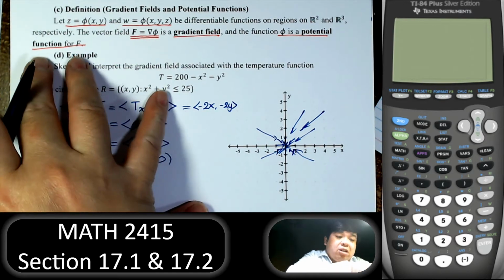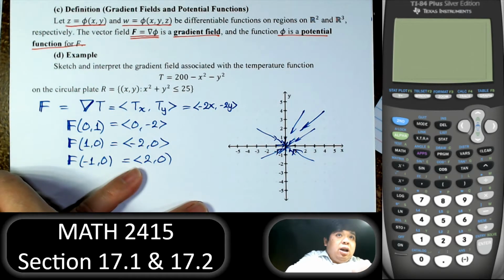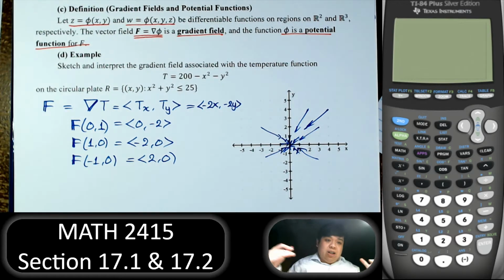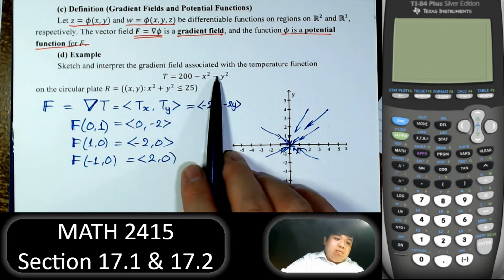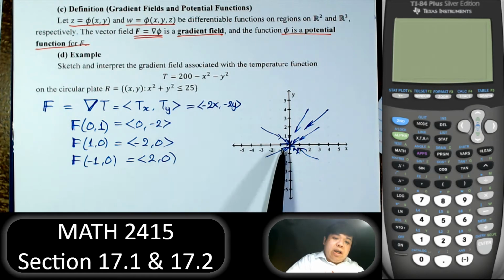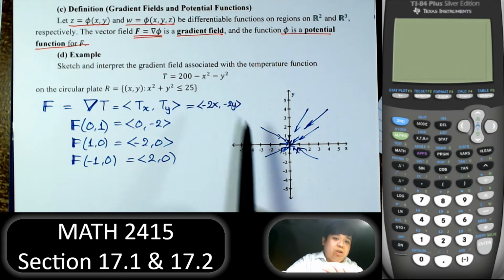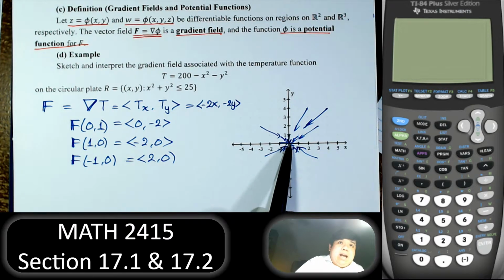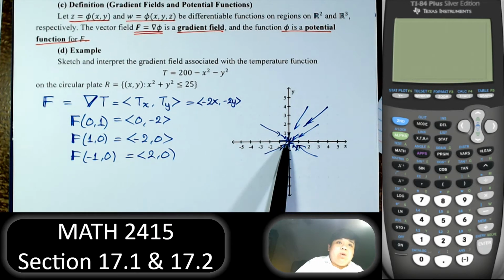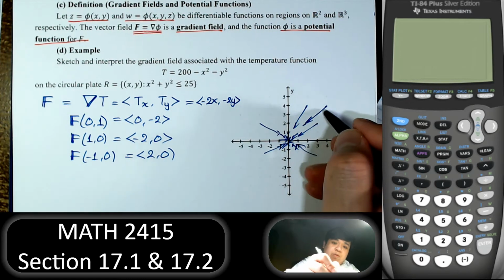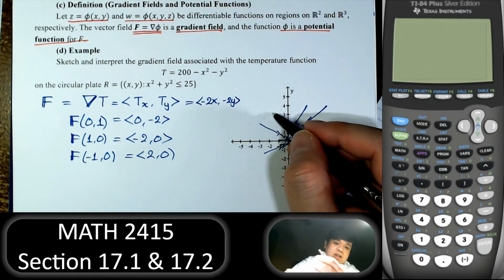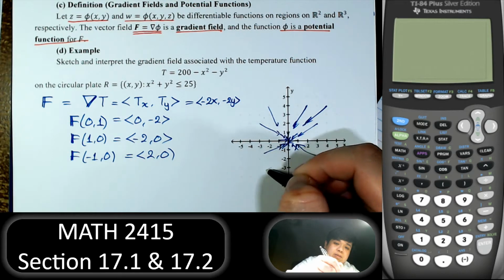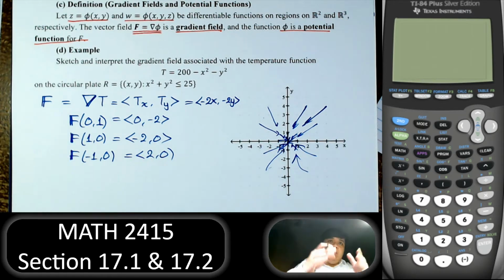The interpretation is that T is the temperature. At the point x equal to 0, y equal to 0, the temperature is 200. So that is the highest temperature, and everything will flow into the center.